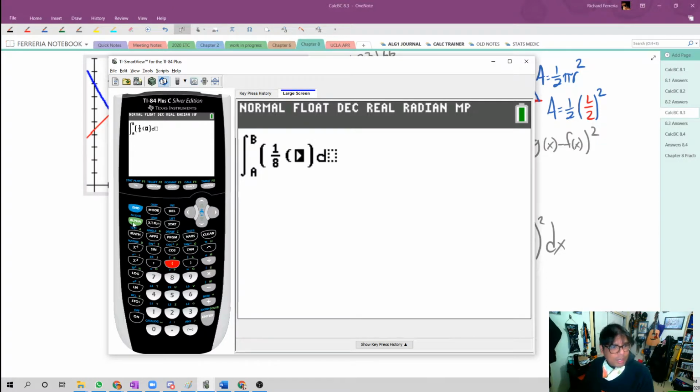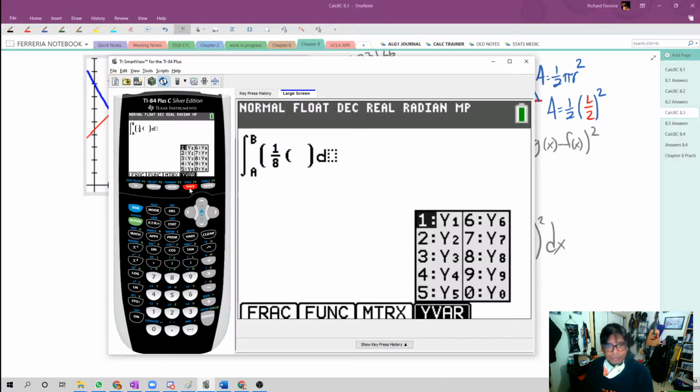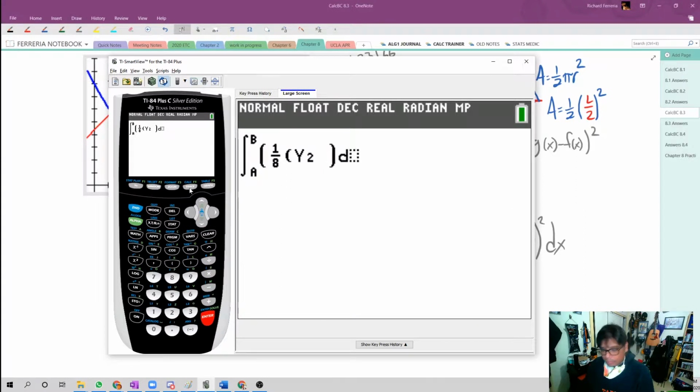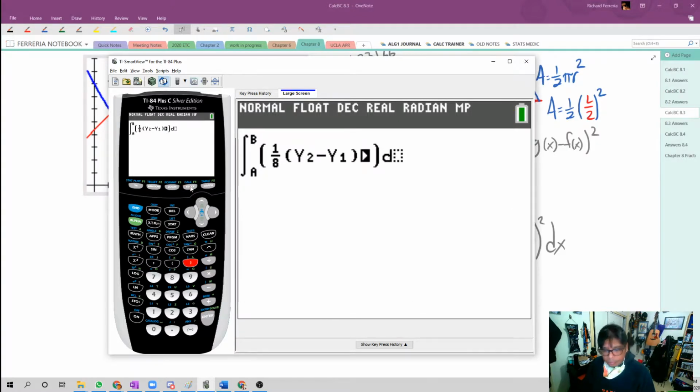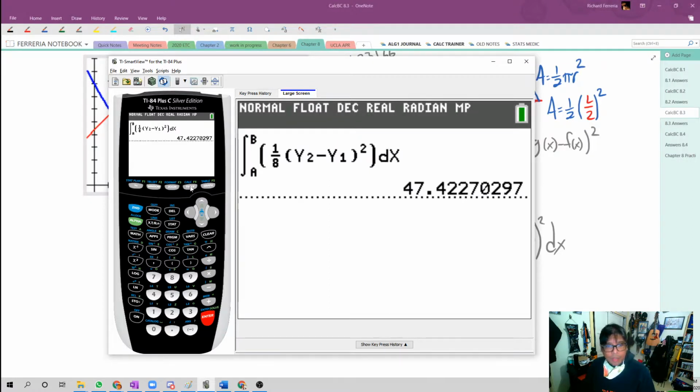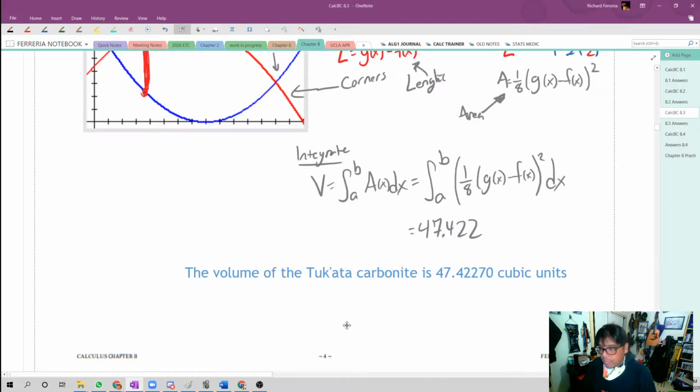G of x I put in y2. F of x I put in y1. And we'll square that, dx. Let's see what we get. All right, 47.422. The volume of the solid is 47.422 cubic units.